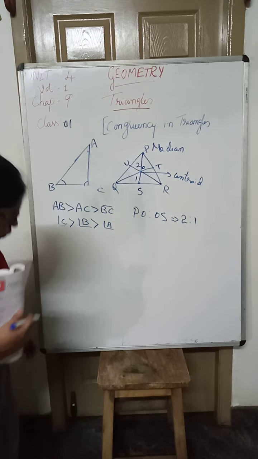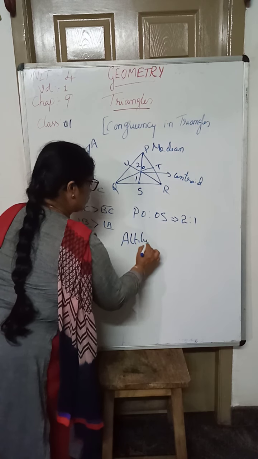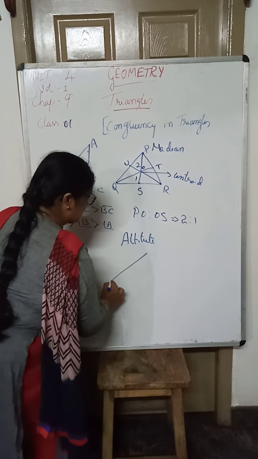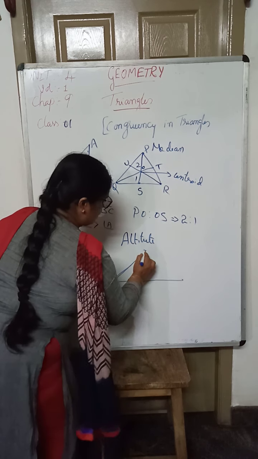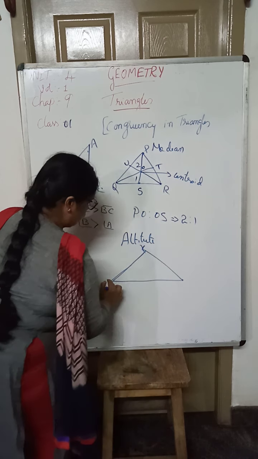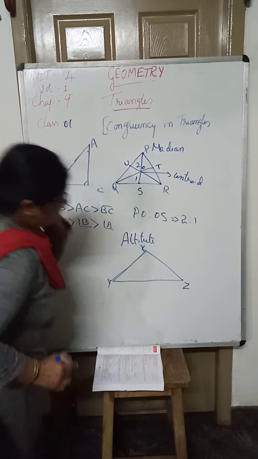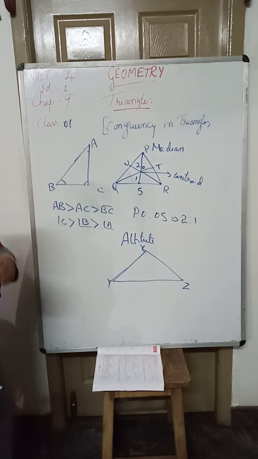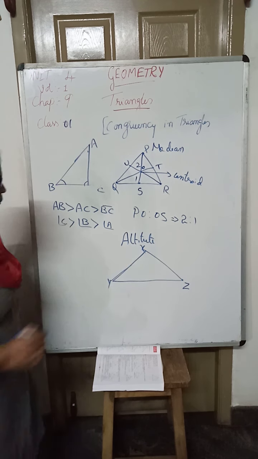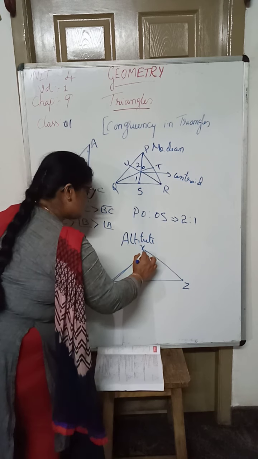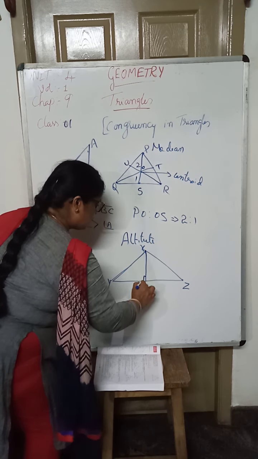Now let's go through the altitude. Let me consider one triangle, XYZ. From the three vertices, if we draw a perpendicular line, which gives you 90 degrees, that is nothing but an altitude.